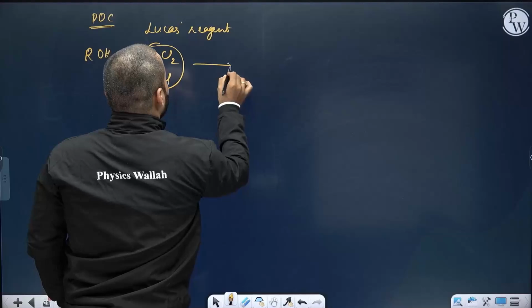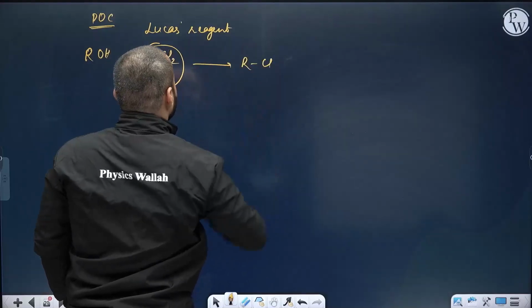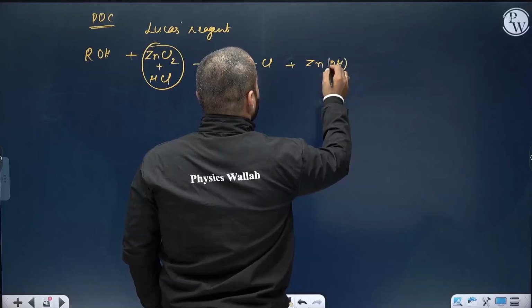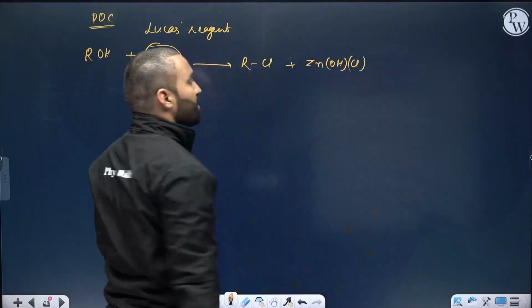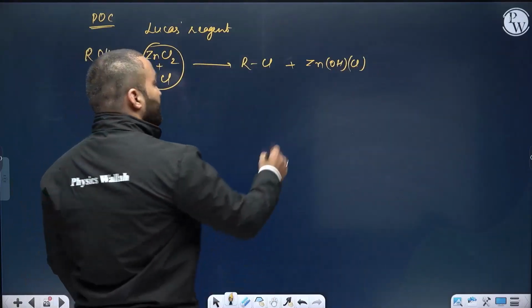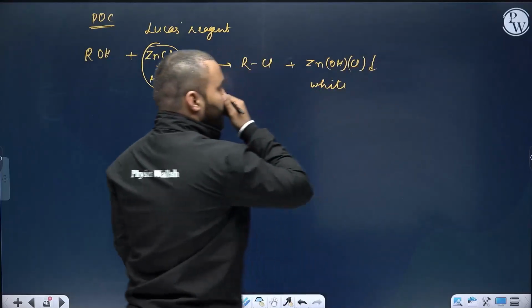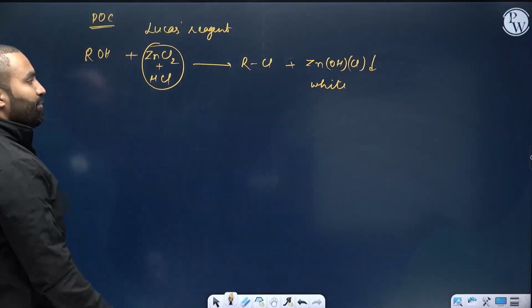Treat both of them together, the compound obtained is RCl. Plus, there is a zinc compound obtained, that would be ZnOCl. This is the compound of zinc obtained, which is a white color precipitate. Generally, it is not soluble in water.